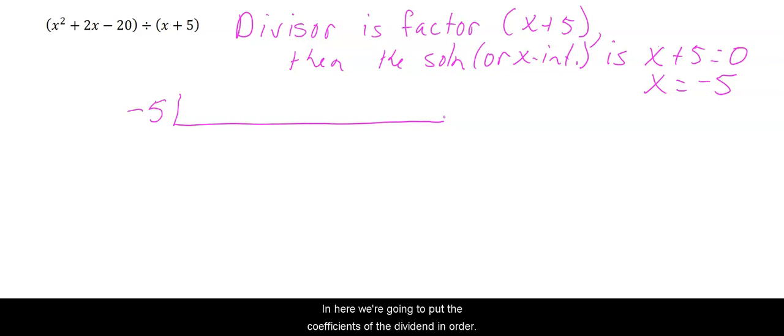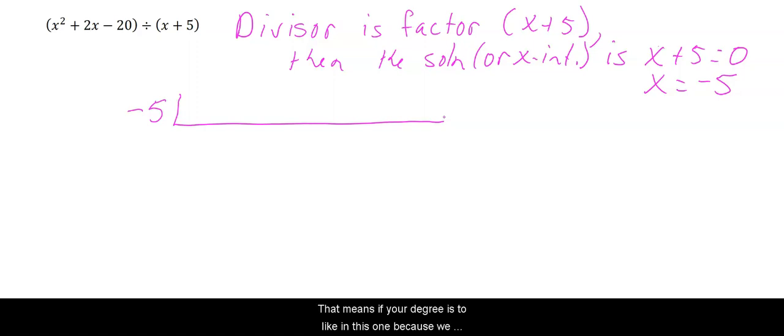In here, we're going to put the coefficients of the dividend in order. In the long division process, it is possible to do it without filling in the missing terms, but not in synthetic. If you miss a missing term in synthetic, your answer will be wrong.